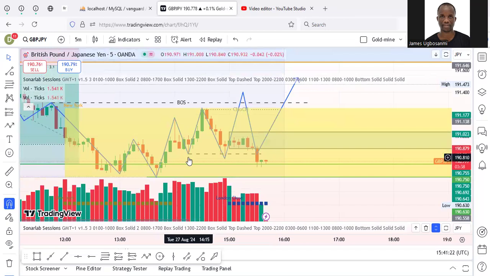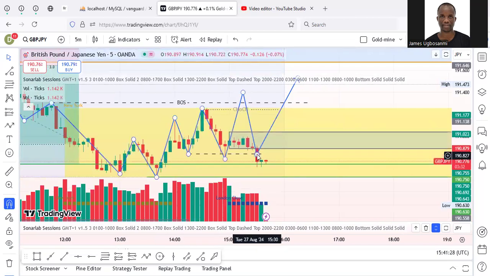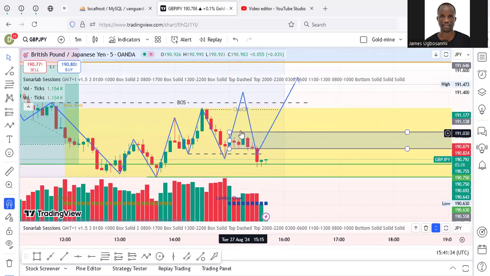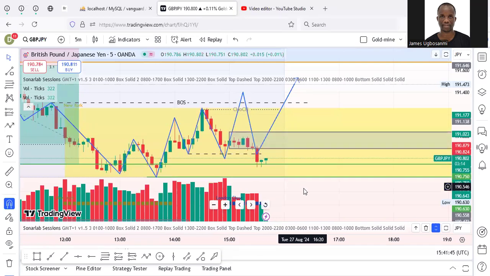This point shows us that there are strong sellers around this zone. And since the market has successfully broken below this lower high, let's be looking for a potential sell.